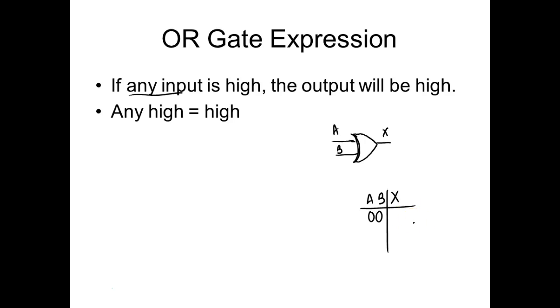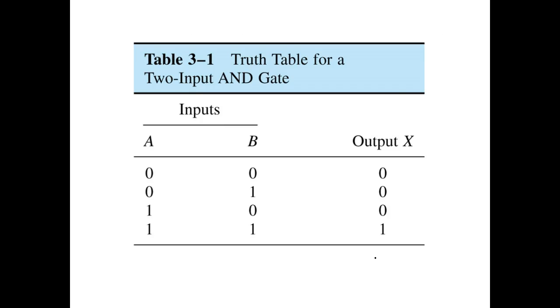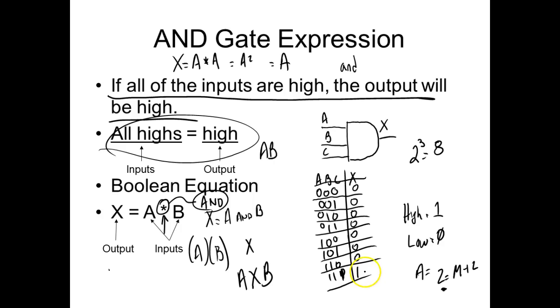So is that any high? Is this any high? So that's the truth table for an OR gate. Some people want to see this as an all, but if you look at an AND gate, you've got one unique output, right?